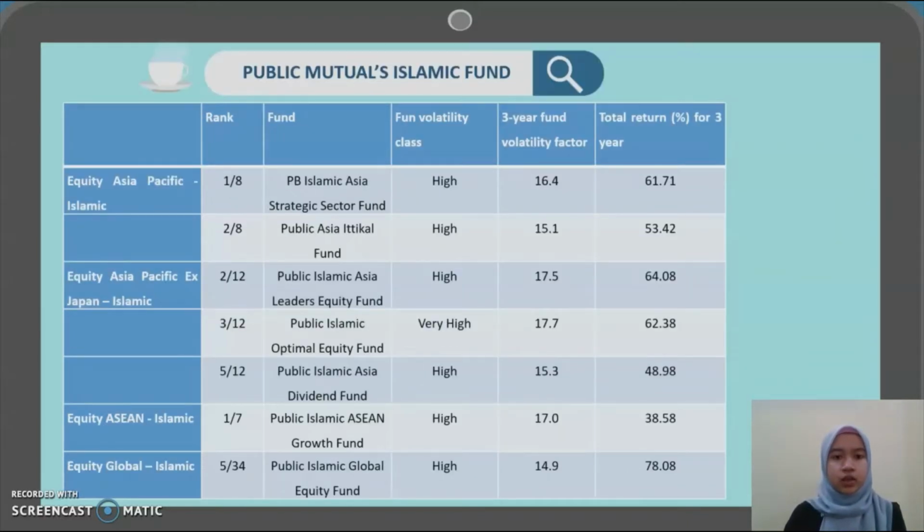The next slide is about Public Mutual Islamic funds. So Public Mutual has selected several Islamic funds that are in the top positions globally. The table shows the performance of Islamic funds that were recorded on 29 October 2021. Okay, first under Equity Asia Pacific Islamic, which is PB Islamic Asia Strategic Sector Fund, their fund volatility class is high.